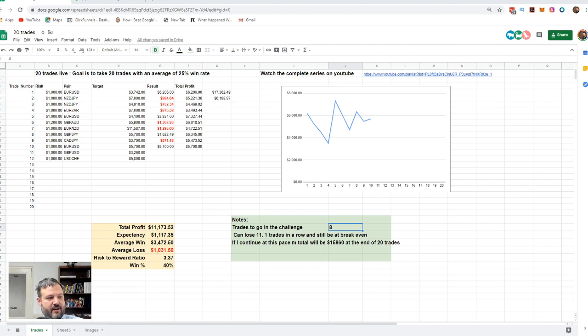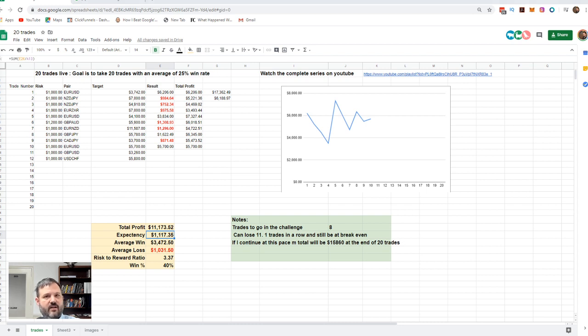The cool thing about locking it in is, yes, I can just trade the way I normally trade. I can be comfortable. So if I continue at this pace, expectancy is 1,000, and there's 8 trades, so I'm averaging $1,000 per trade.